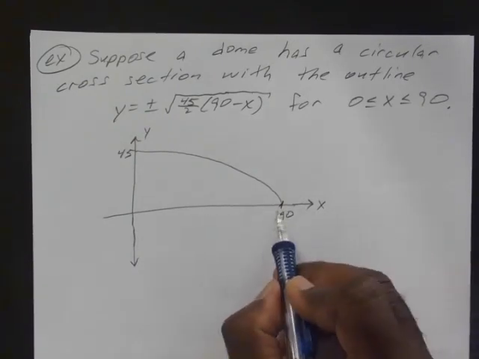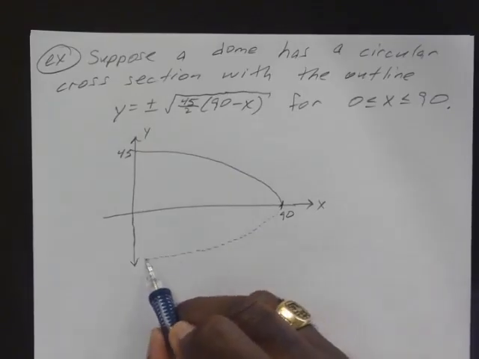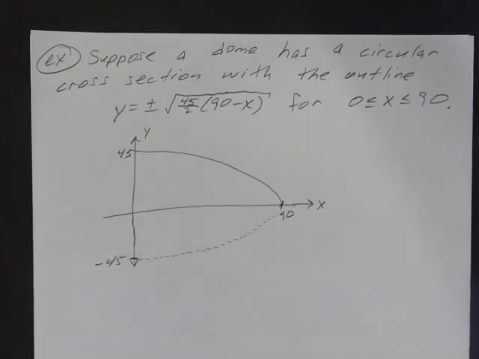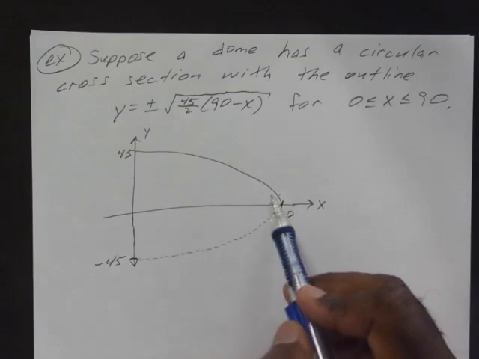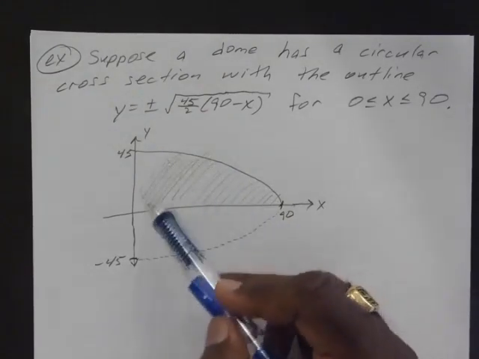Five to 90. Kind of the bottom half of this goes to negative 45. Well, we know that the dome is above ground, so this is the only part we're going to worry about.